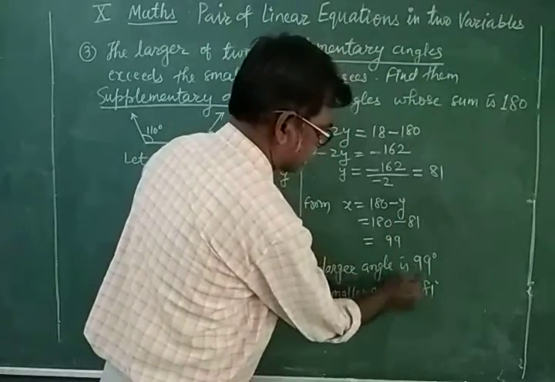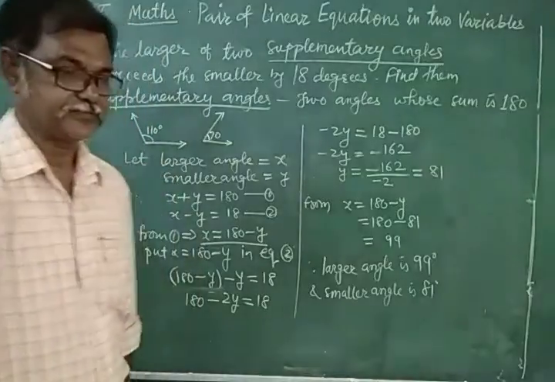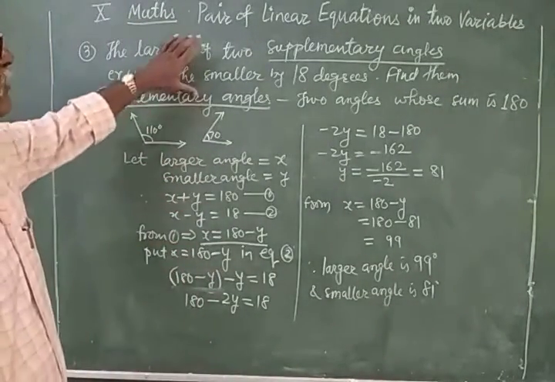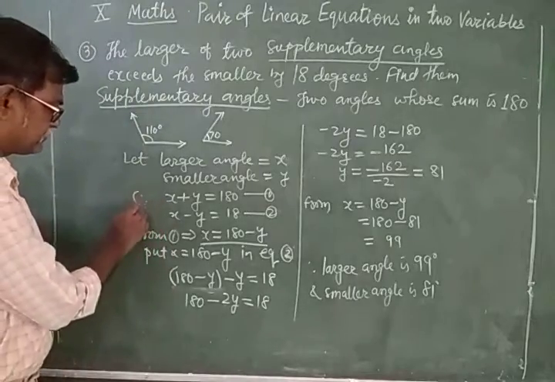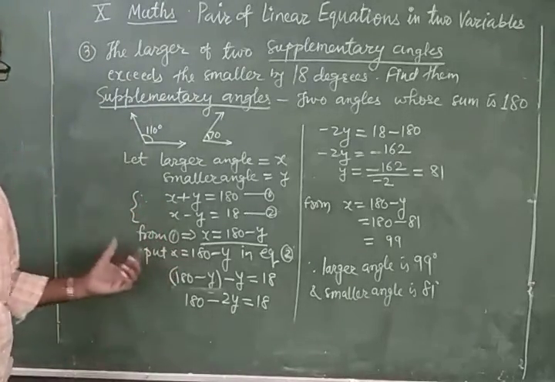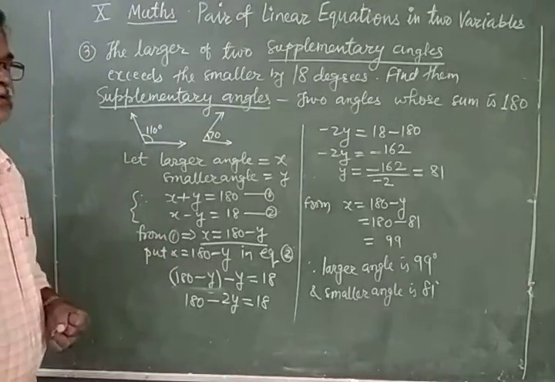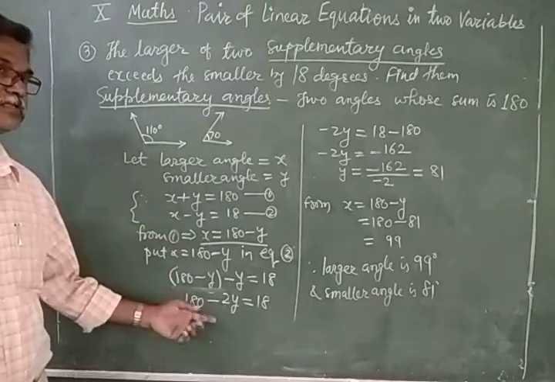We can see that the difference is 18. So like this the word problems are solved. Word problems are converted to the system by applying suitable variables, and then we can solve.